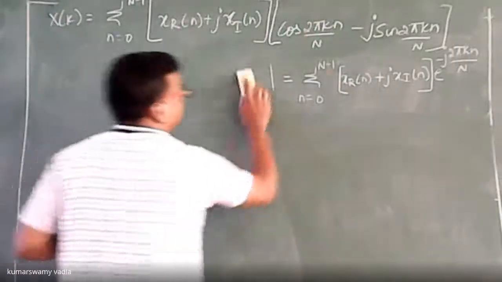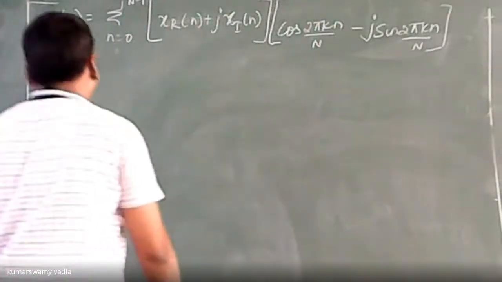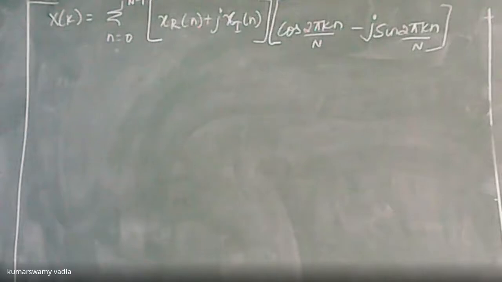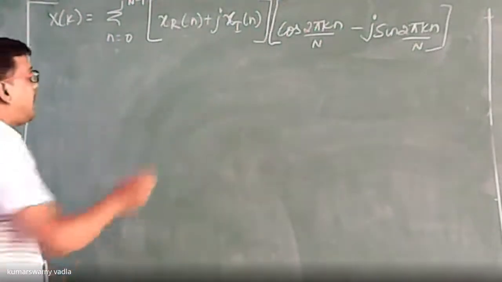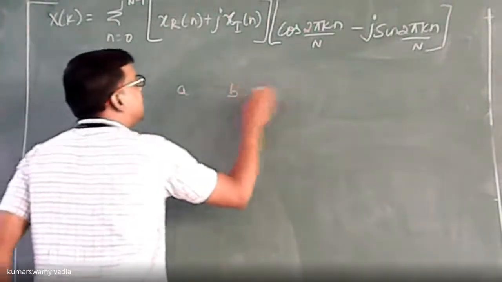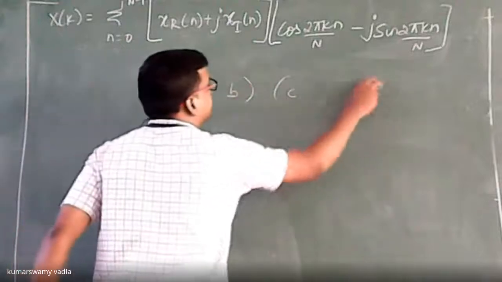Okay. Now, what will be the next step in this derivation, please concentrate on the board, students. I have A, B, C, D like this.